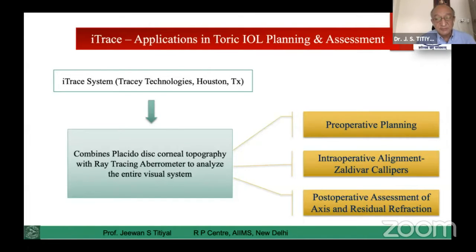This is nicely explained by Chintan: the topographer as well as the wavefront analysis gives you an advantage in toric IOLs in terms of pre-op planning of a lens. As Dr. Arun talked about, intraoperative assessment of your alignment is done by Jaldivar caliper, and most importantly, the toric assessment after surgery is the most important application of this iTrace tool.